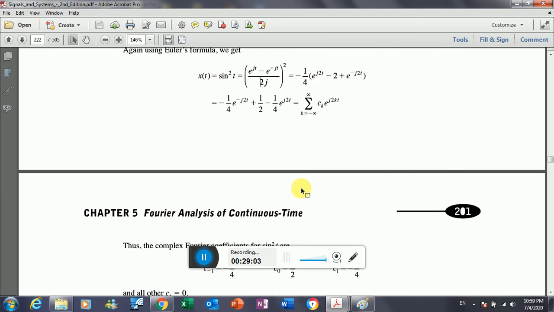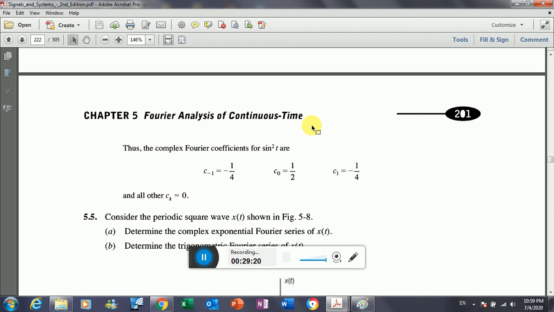Right? So here a constant term is there, so that means c naught will be equal to 1 by 2, and k is equal to 1 here and k is equal to minus 1 here, comparing with this equation. So c1 is minus 1 by 4, c minus 1 is minus 1 by 4, and c naught is equal to 1 over 2, and all other ck's are equal to 0.